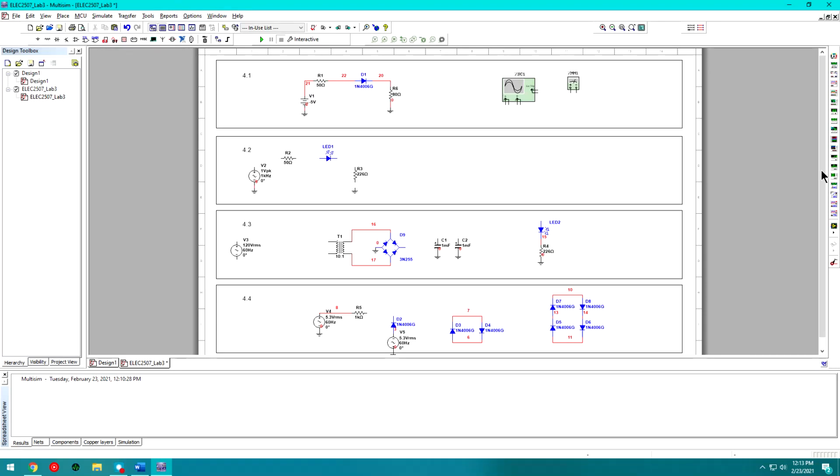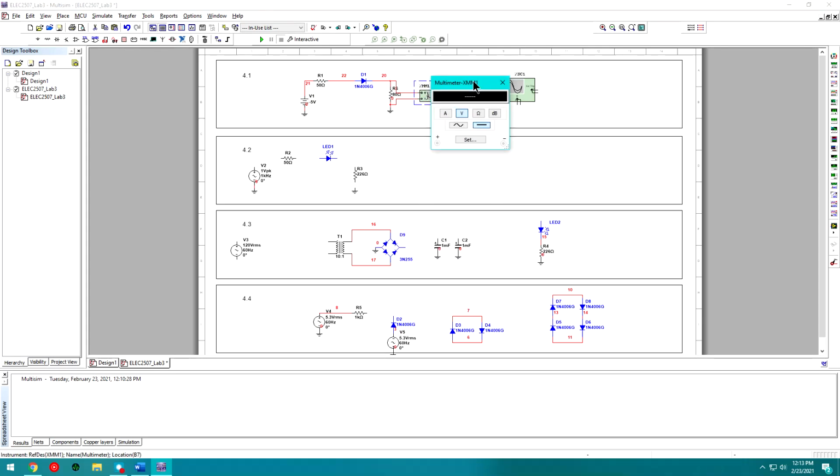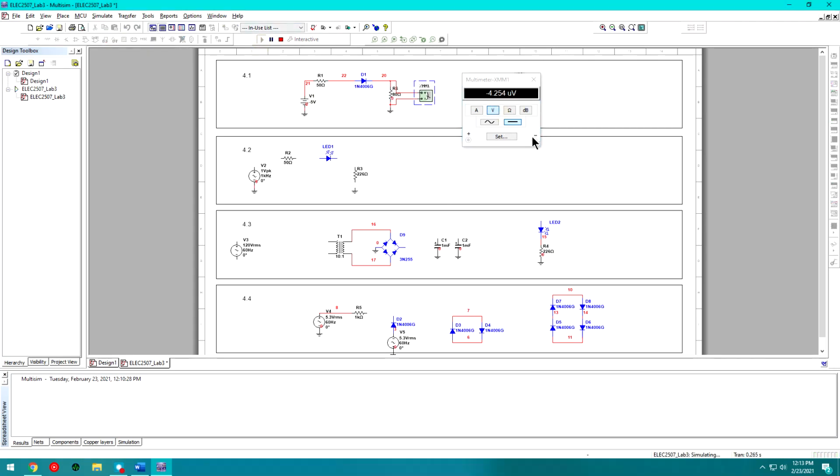So from there, we can go ahead and run the simulation. Actually, first we'll put a multimeter in so we can measure the voltage on the load. We're asked to measure the DC voltage on the load. So go ahead and open up the multimeter, switch to DC, then switch to voltage, and hit run.